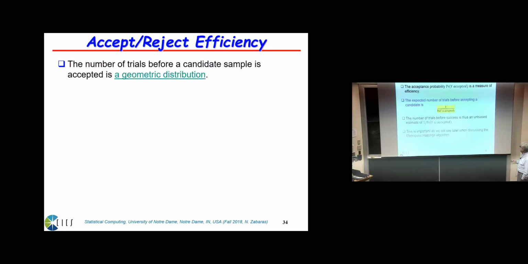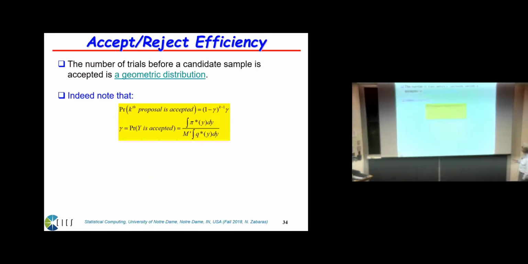And if you want to say this mathematically, to accept at the kth trial means you have to reject at k minus 1 trials. So gamma here, I put the notation to be the probability of acceptance. So I reject k minus 1 and then I accept the kth time.